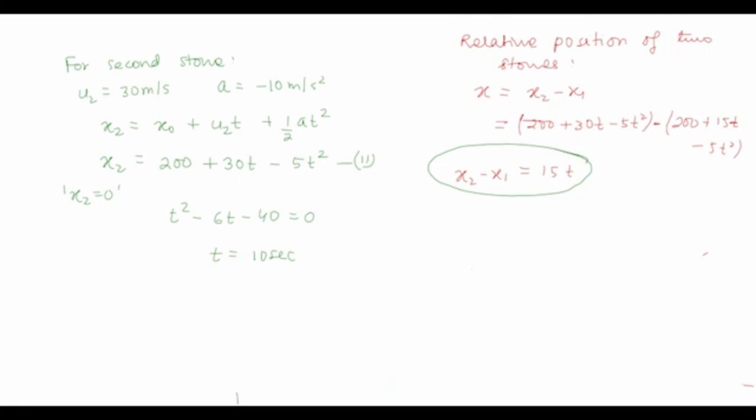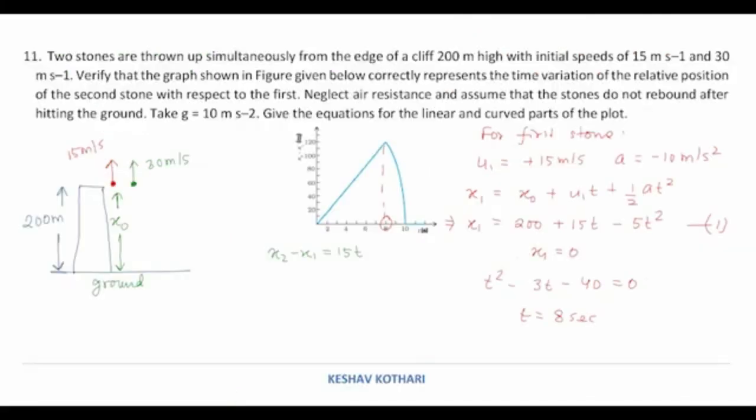So after 8 seconds, x2 minus x1 is 200 plus 30t minus 5t square, which is an equation of a curved path.